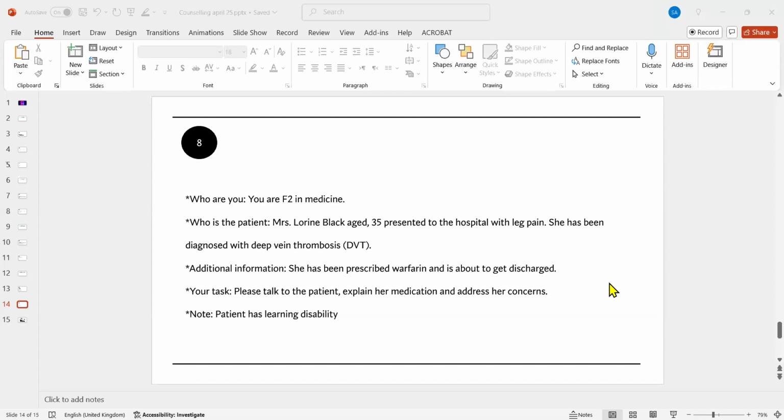And here, should I ask about her sexual history and chance of being pregnant, because the age is 35? You can ask about pregnancy, but sexual is not appropriate at all in this case.